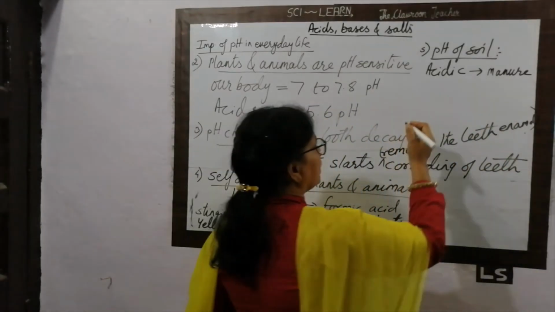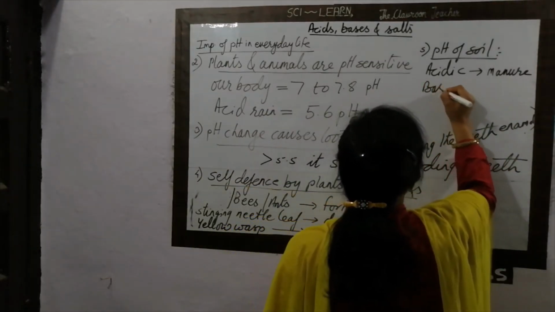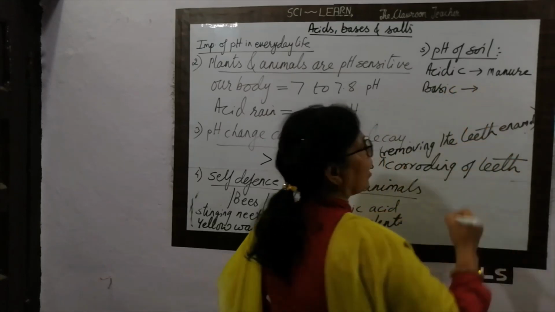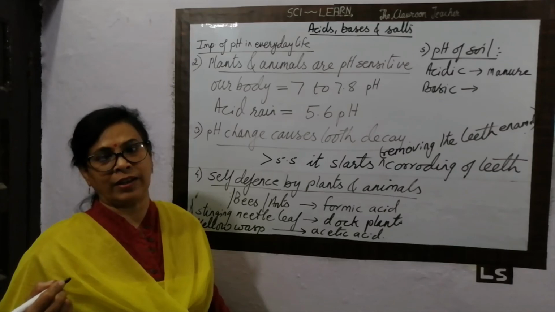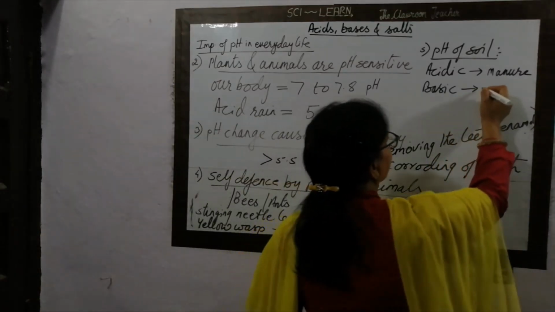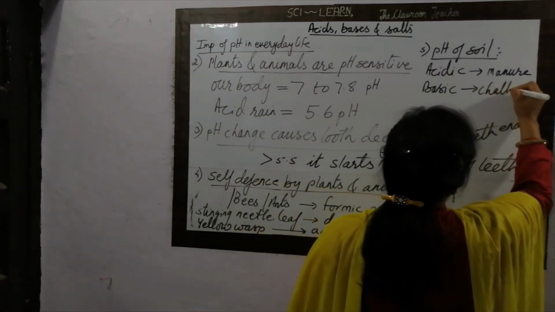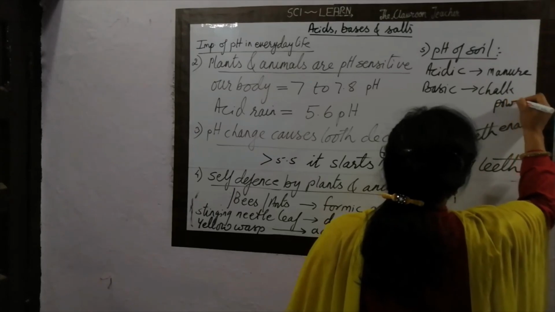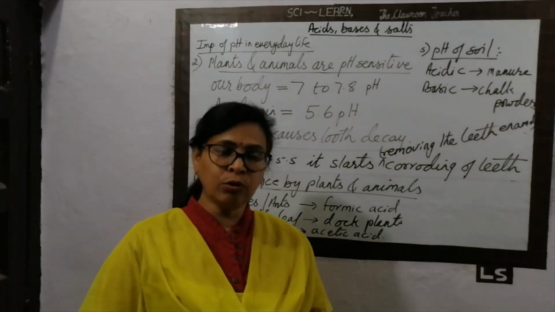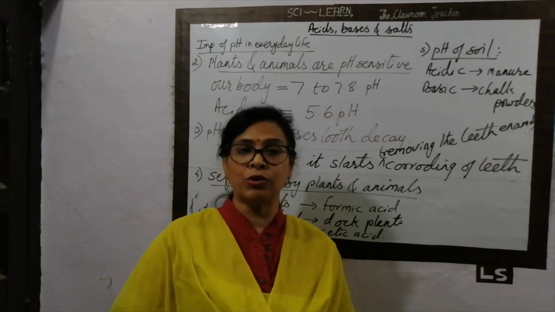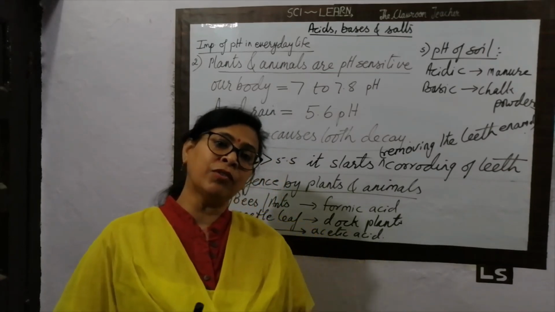And let us suppose the soil is basic, then you have to use some substance which reduces the basic effect of that. That is chalk powder. Okay, so we have to know the nature of the soil before sowing, because that improves our crop production.